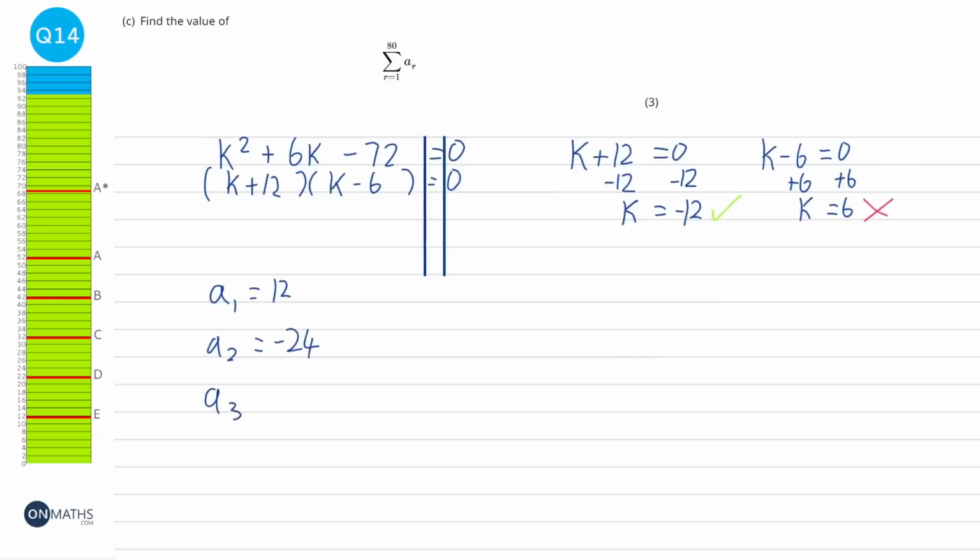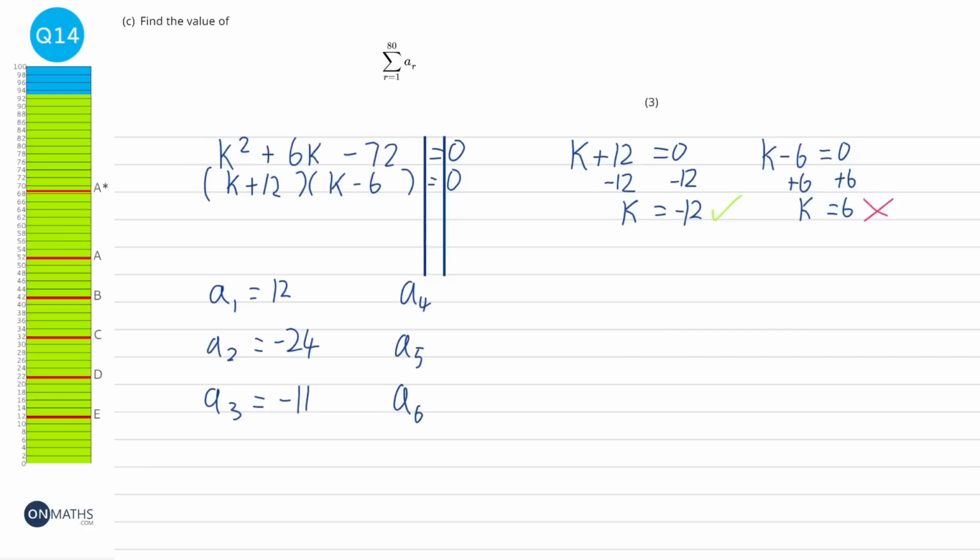A3 is k plus 1, so it would be minus 12 plus 1, which would be minus 11. Now, there's no point of us going any further, because A4 will just be the same as A1. A5 is the same as A2, A6 the same as A3.